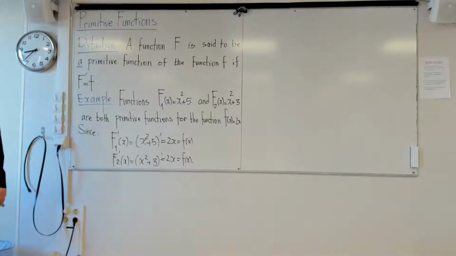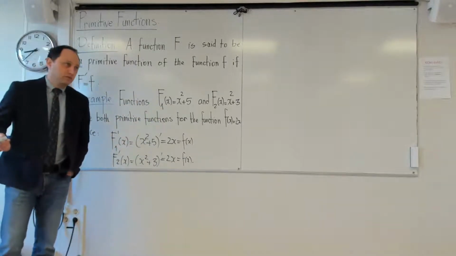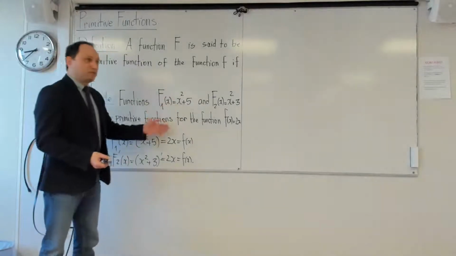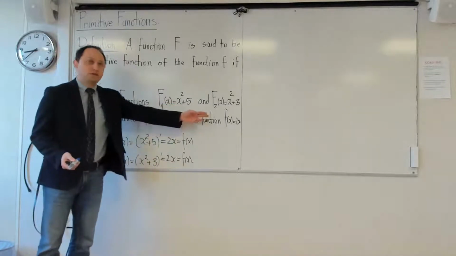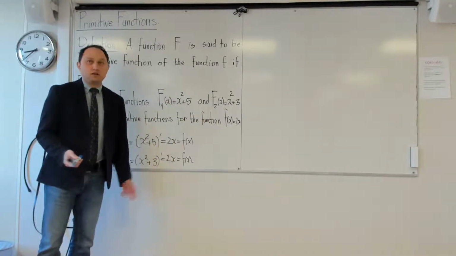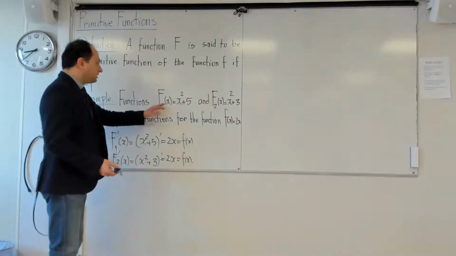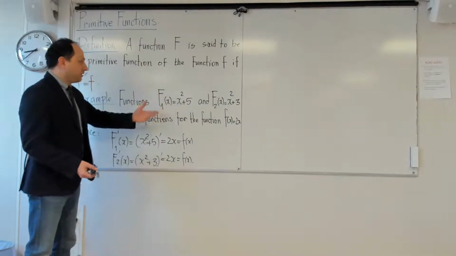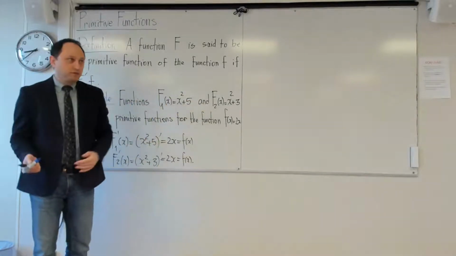Yes? Is that clear? So first of all, can you guess another primitive function for the same function for me? Yes? x squared plus 1. Okay. So what's the simplest primitive function for 2x? Probably x squared is the simplest one, without any constants at all. But then it becomes very clear that if I have one primitive function, any primitive function, and I add any constant to it, it becomes again another primitive function.